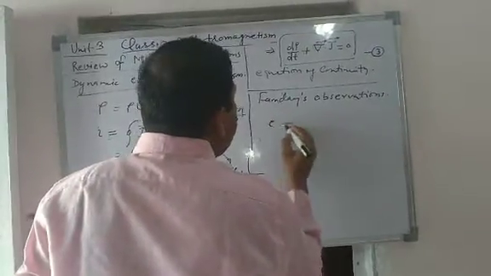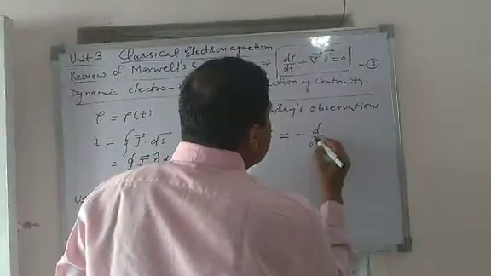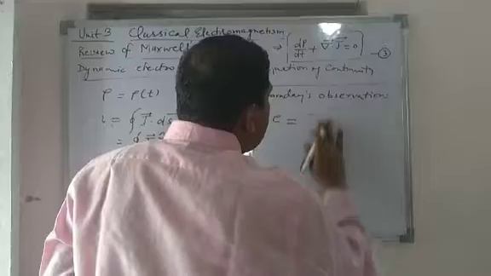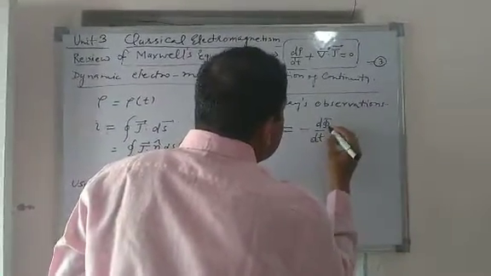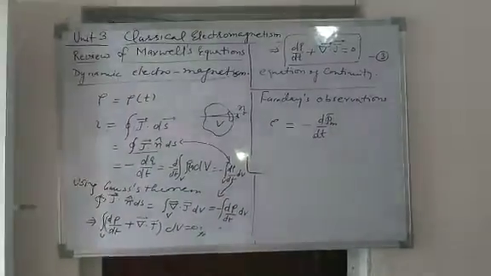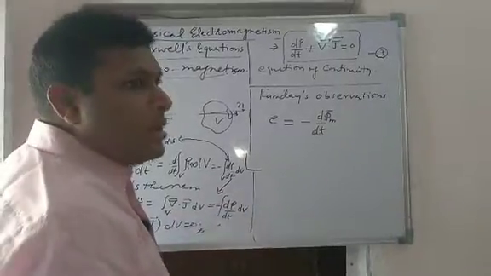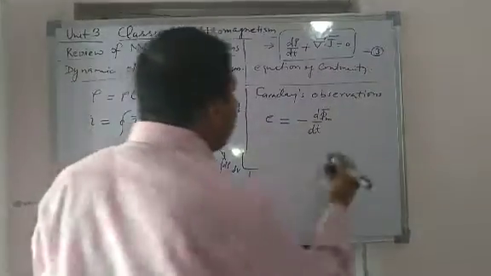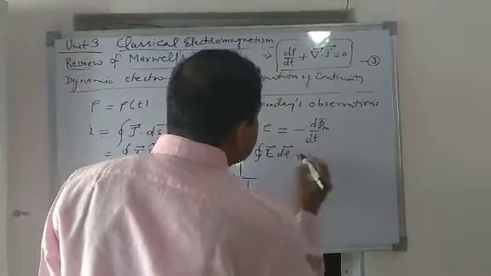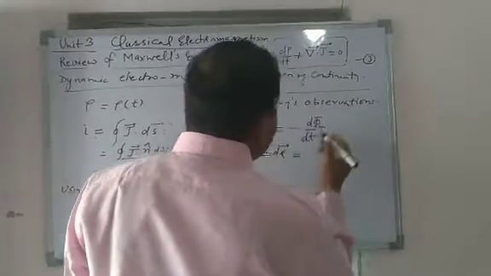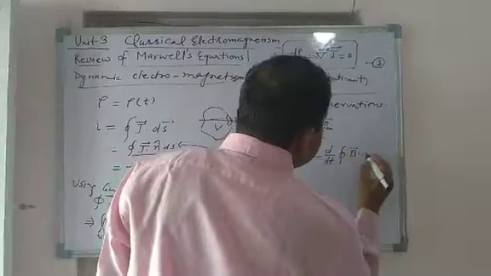An EMF is induced when the rate of change of magnetic flux gives rise to an EMF. So that means this is the integral of E dot dl, and here we have minus d by dt of the integral of B dot dS.